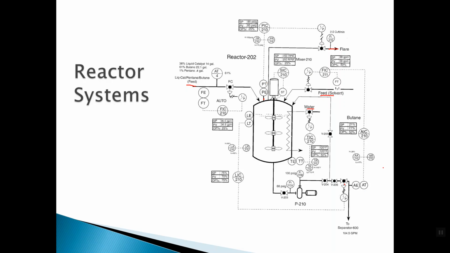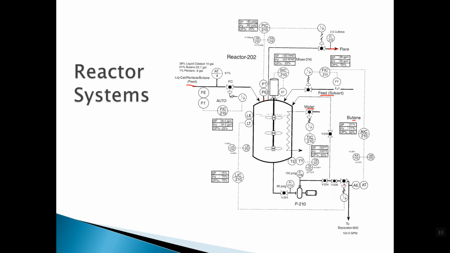We get the feed in controlled by the reaction, so we make sure we constantly have an online analyzer making sure we have the right concentration of butane coming in here, coming out here. And so if it needs to have less butane, then we increase the amount of feed that's going on this line. So FIC 211 will do that.